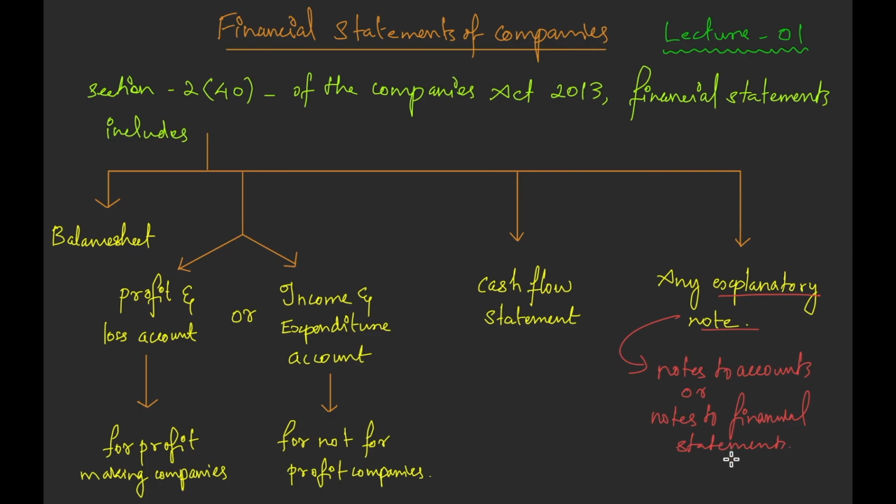So anything that explains items in the balance sheet, profit and loss account, income and expenditure account, cash flow statements, or anything that explains the accounting policy of the company is known as explanatory notes.